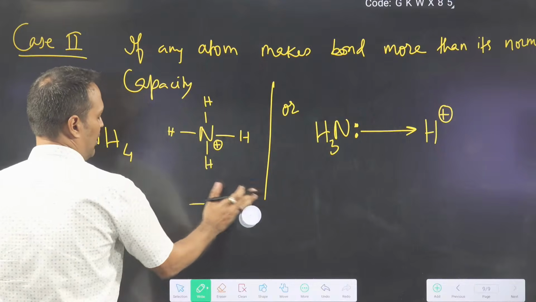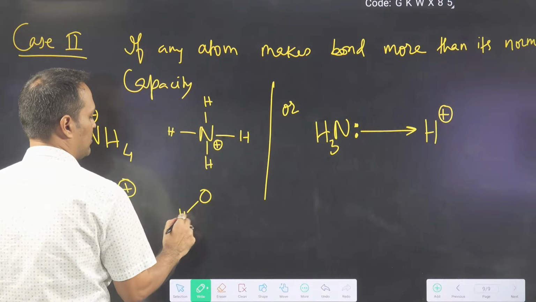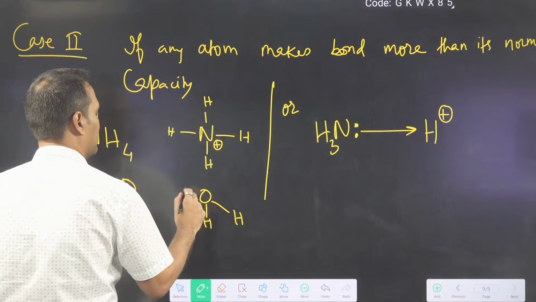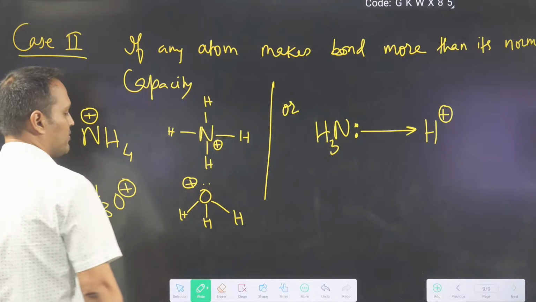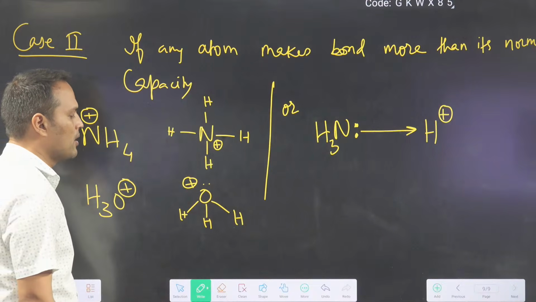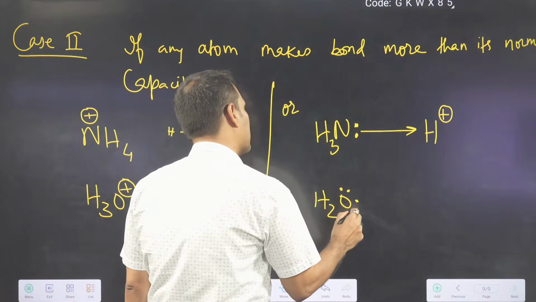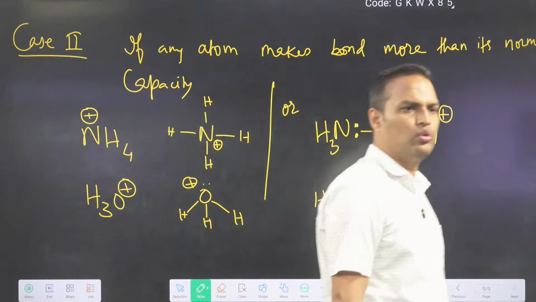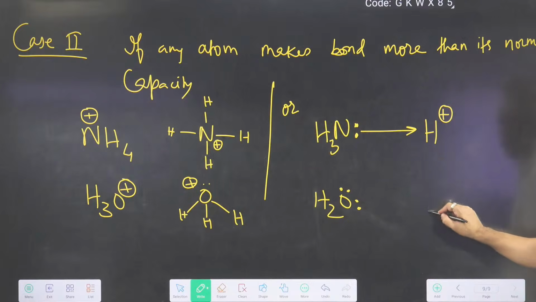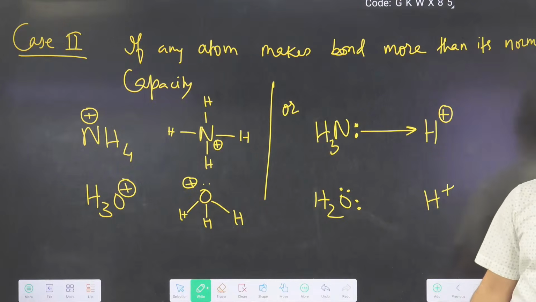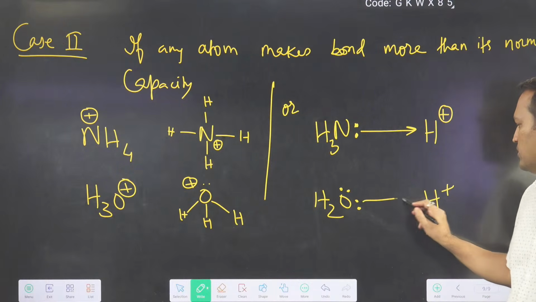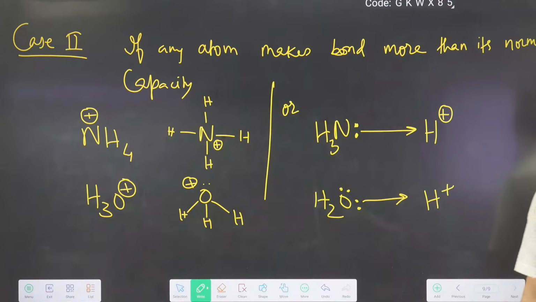Now we know VSEPR theory, so you can make the diagram in accordance with VSEPR theory. Okay, good. But you can also imagine it like this: first water was there, 2 sigma bonds, 2 lone pairs. Now again H plus came to it. I want to form a bond, please. So it will share a pair of electrons with H plus.